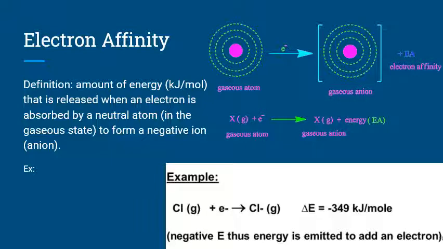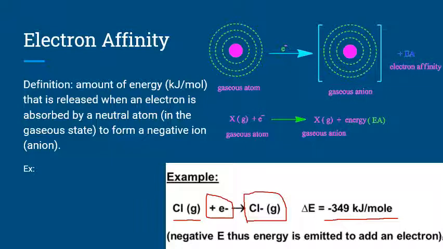So we've got an example down here at the bottom of chlorine. So if we've got chlorine, a neutral atom of it, and now we want to add an electron to it, now it becomes a negative atom, which is called an anion. And in that situation, we also have a release of energy. So negative 349 kilojoules per mole of energy is released.